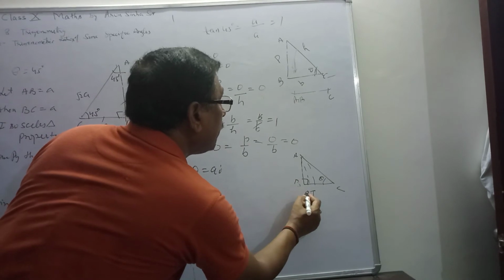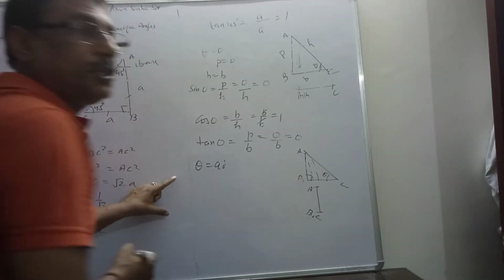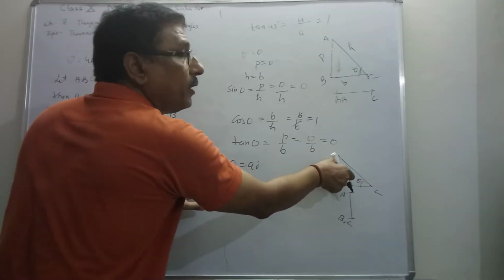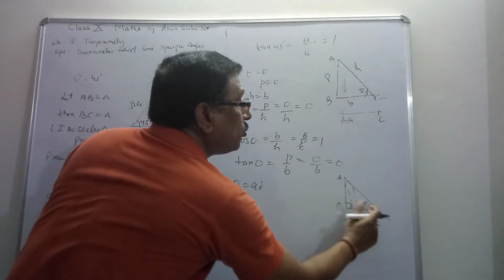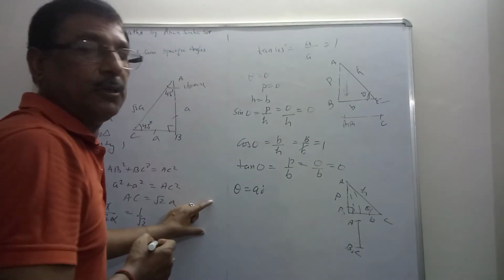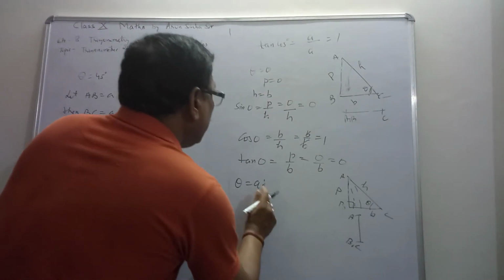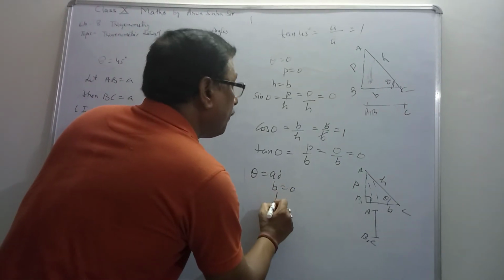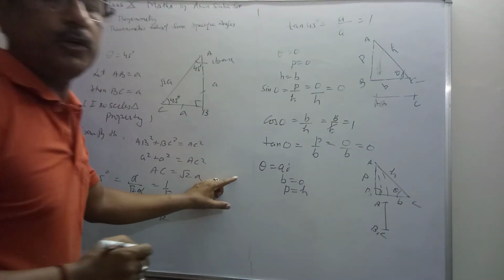This is A, this is B, and this is C. In this case, this hypotenuse will become this length. This is the base angle, so this will be your base, perpendicular, and this is your hypotenuse. So for theta equal to 90 degrees, your base becomes 0, and perpendicular becomes equal to hypotenuse.